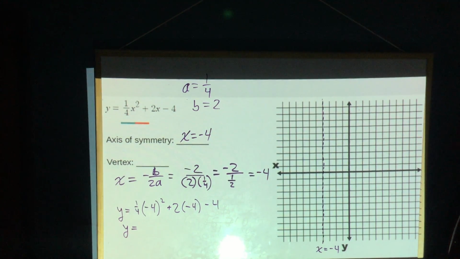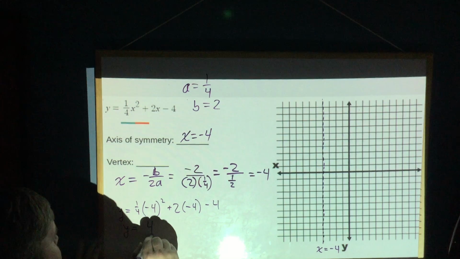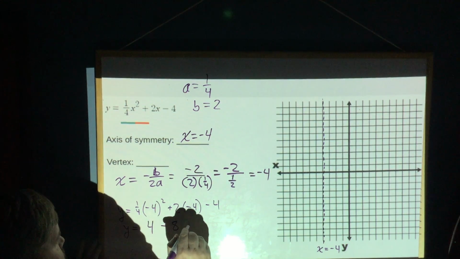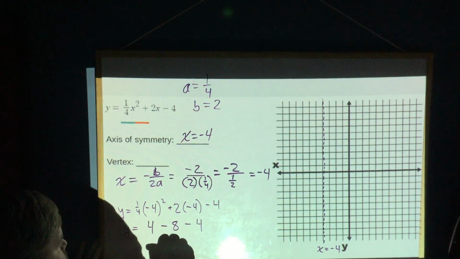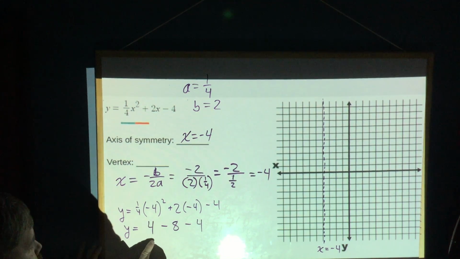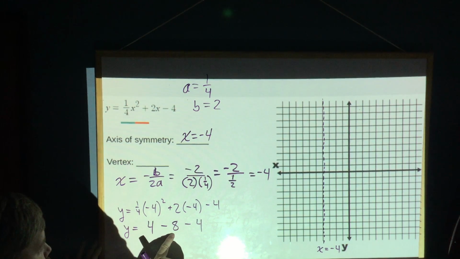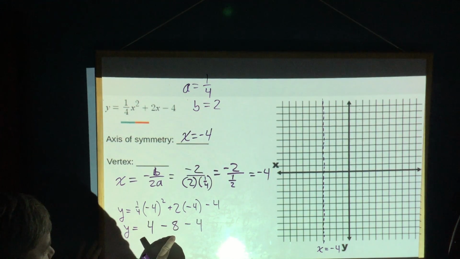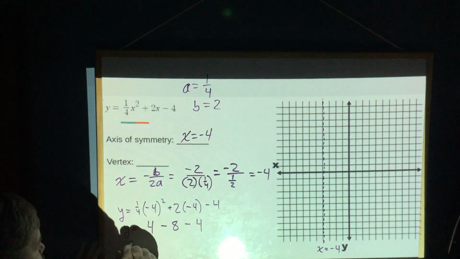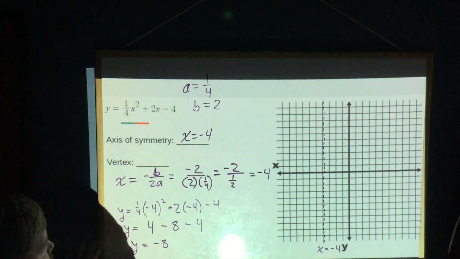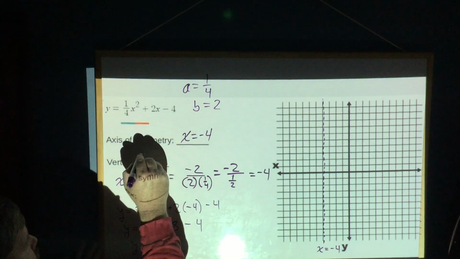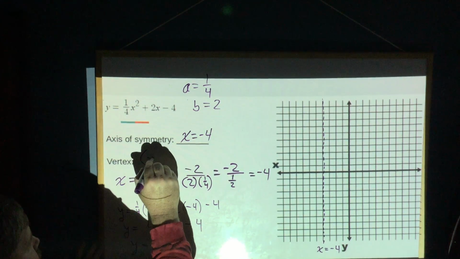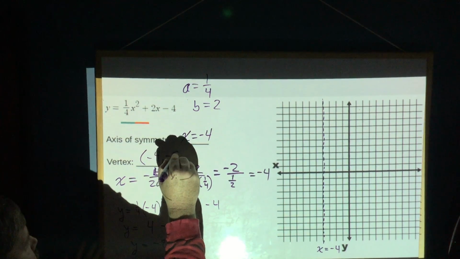If I square -4, I get +16. Take +16 divided by 4, I get 4, minus 8 minus 4. So 4 minus 8 is -4. -4 and -4 make -8. So my vertex is -4, -8.